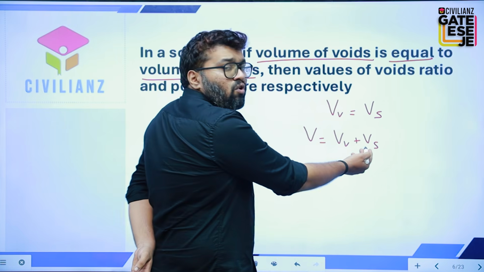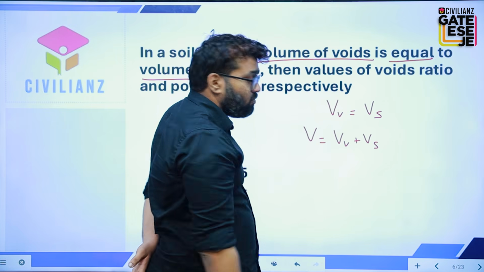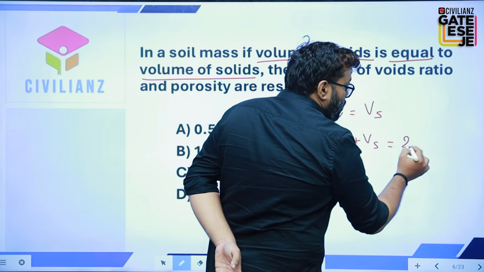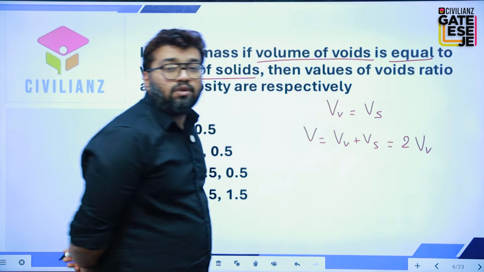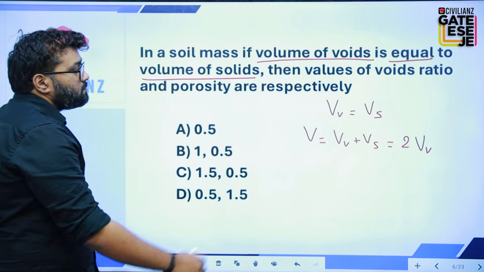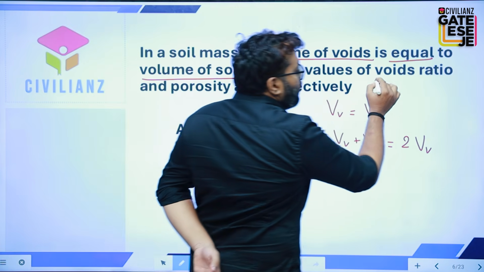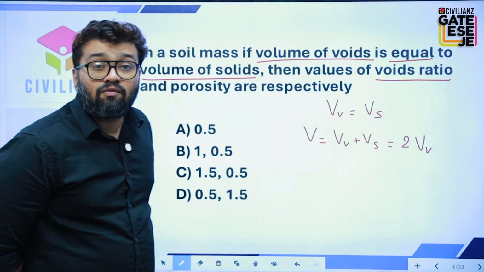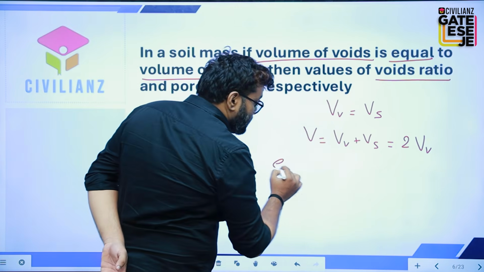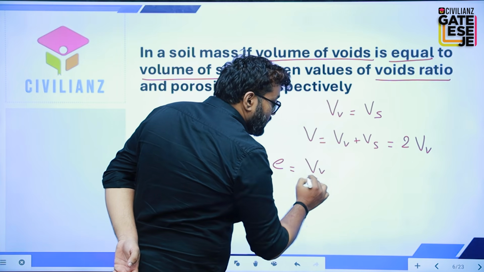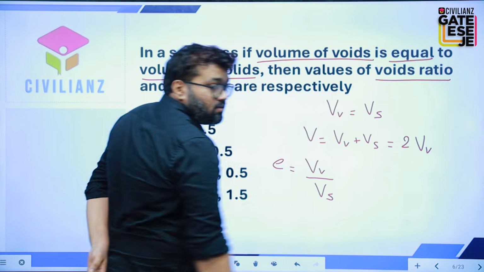So since volume of solids is equal to volume of voids, we can write total volume is equal to 2 into volume of voids. Now, the value of void ratio. First question is the value of void ratio. So e is equal to volume of voids divided by volume of solids.